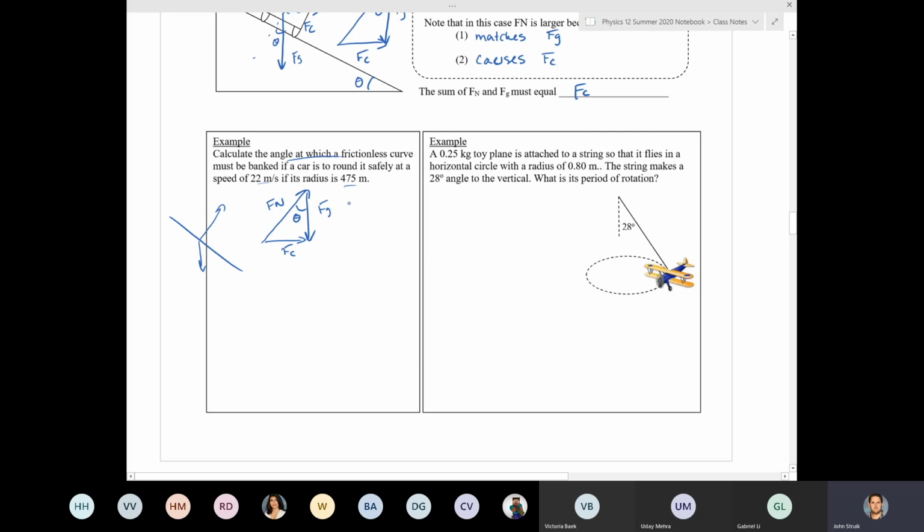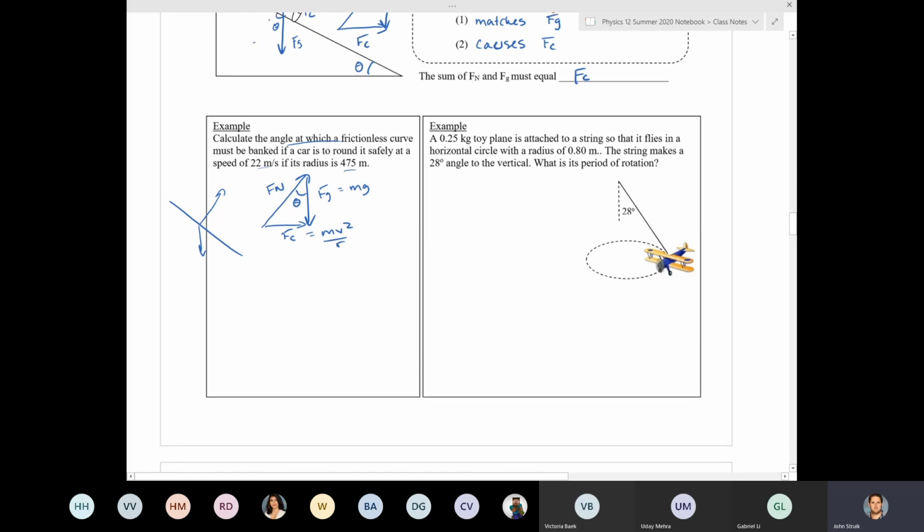But that's okay because FG is mg and FC is mv squared over r. With no mass, it doesn't matter because we're going to cancel out the mass in some way. So let's relate both of those using trig. FN is our hypotenuse, and so we're dealing with tan. So tan theta will equal FC over FG.